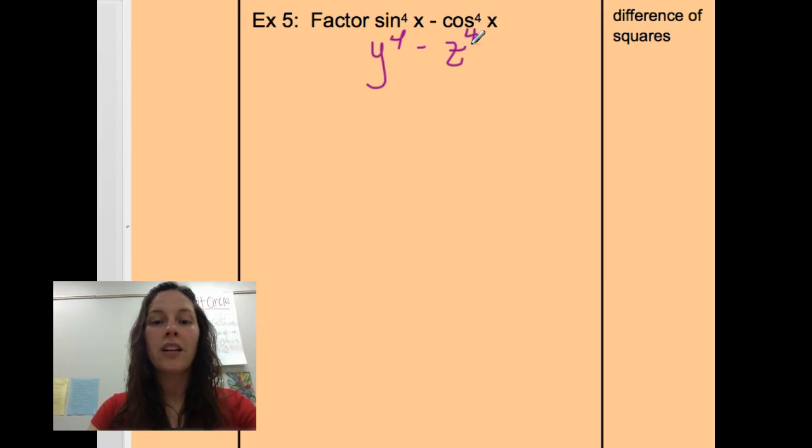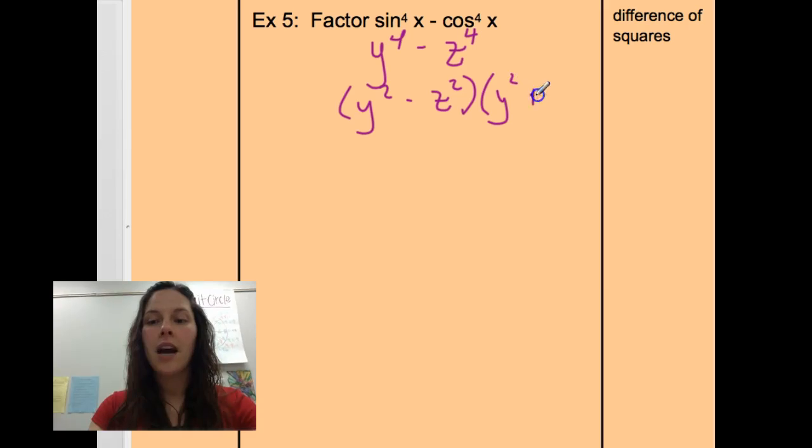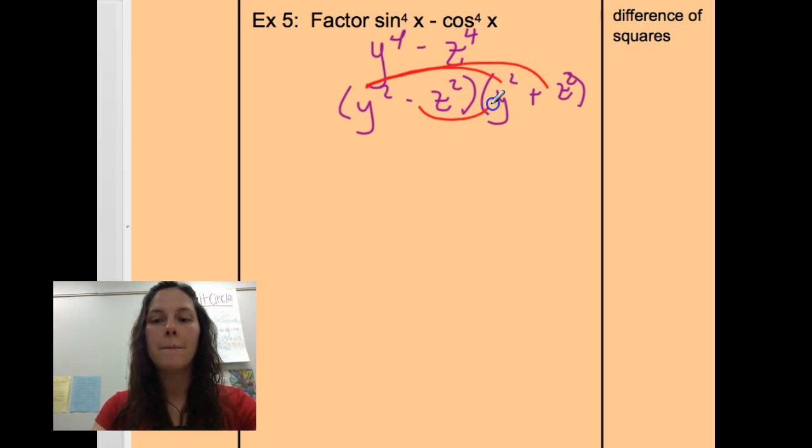So when we would factor this, we would get y squared minus z squared, and then you have the same thing but the opposite sign, because when you factor a difference of squares, you want that middle term to disappear. So we would get y to the fourth plus y squared z squared minus y squared z squared, which would cancel, minus z to the fourth.